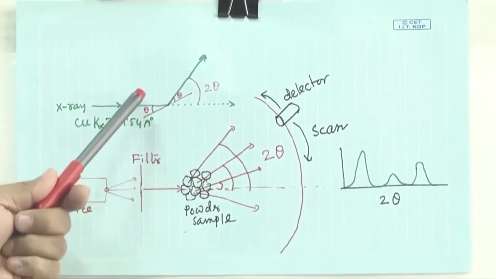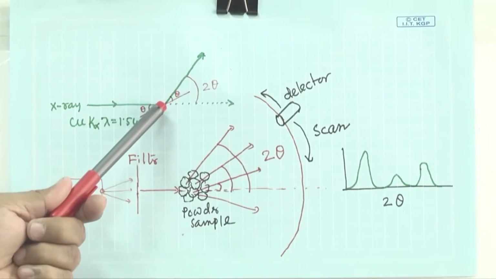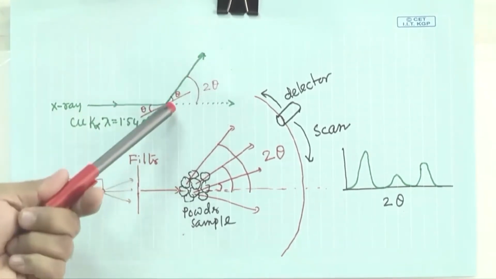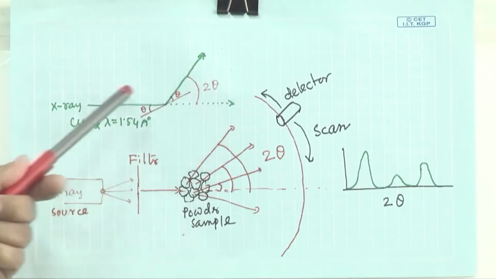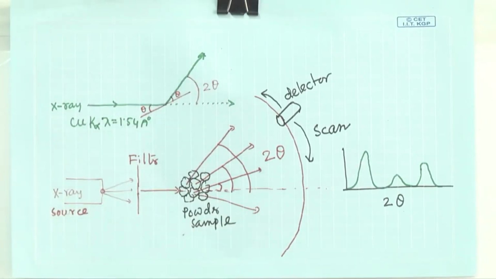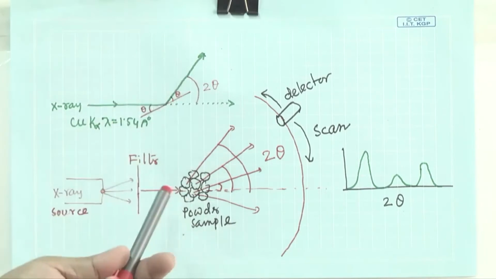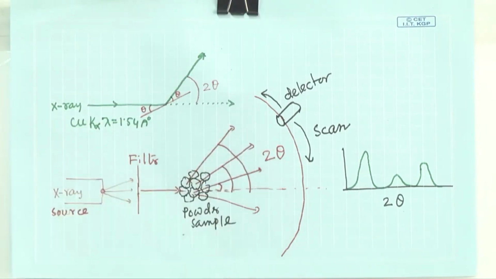So, this angle with this plane is theta. Then it will be reflected or diffracted at angle theta. So, this 2 theta angle is basically with respect to the incident X-ray. With respect to the incident X-ray, the X-ray will be diffracted at different angles.